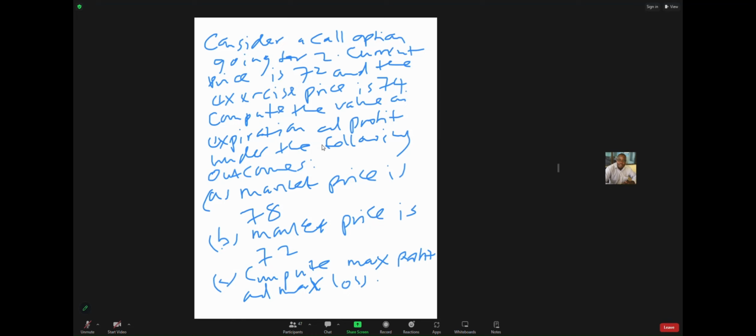Current price is 72. Exercise is 74. CO is 2. Then we want to look at the value at expiration when the market price is 78, and the profit when the market price is 78 and when it's 72. Then compute maximum loss.